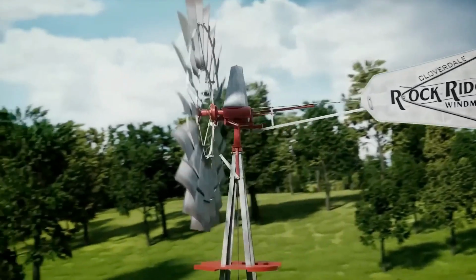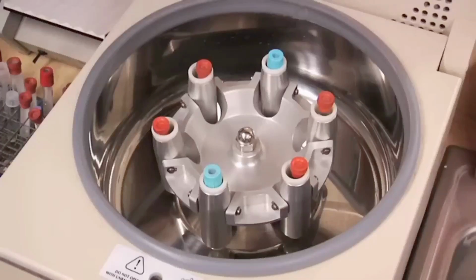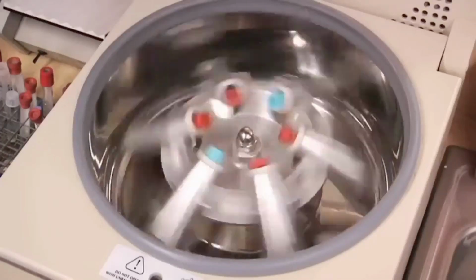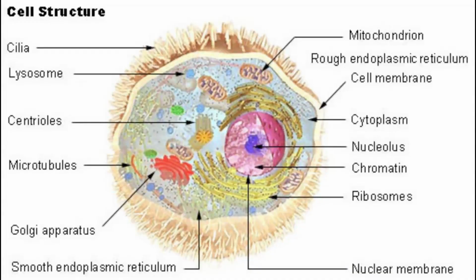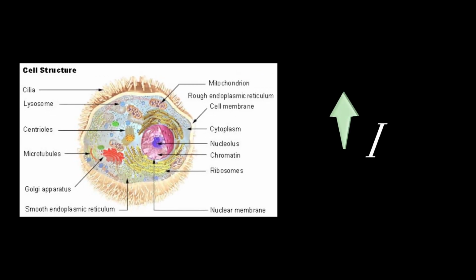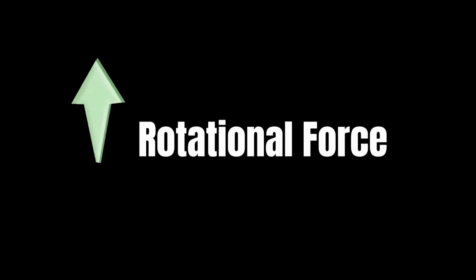Rotational dynamics explains why an object rotates, focusing on torque and moment of inertia. In biotech labs, this principle powers the centrifuge. When a centrifuge spins, torque from the motor causes angular acceleration. Heavier particles, like cells or organelles, have greater inertia and move outward faster under high rotational force.